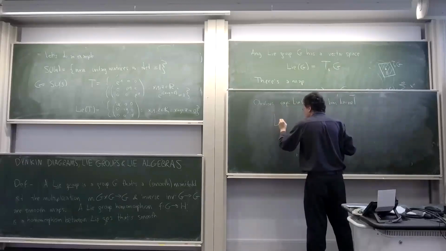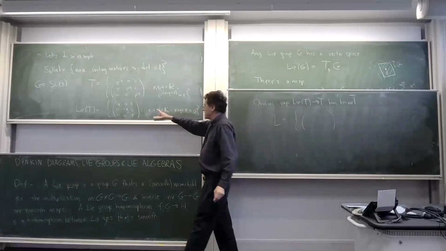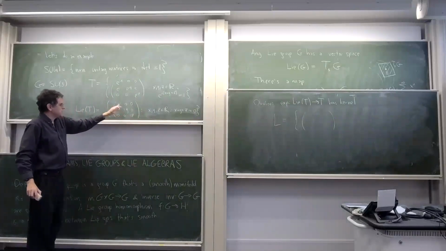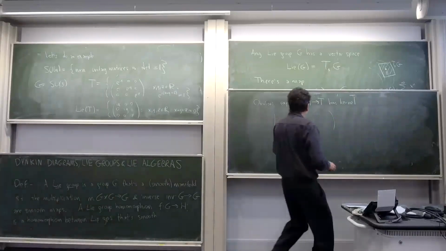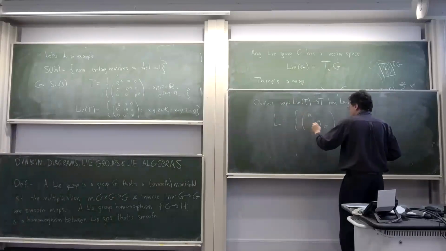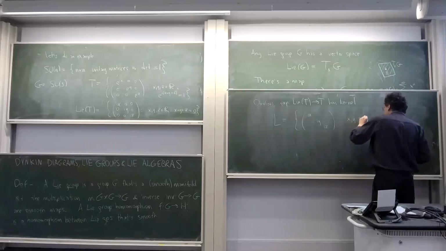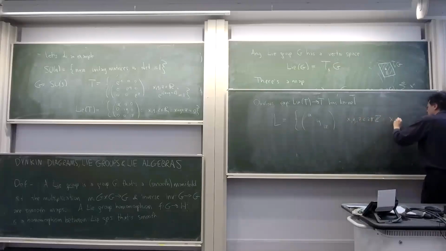So it's going to be guys like this that, when you exponentiate them, you get the identity matrix. That means that x, y, and z have all got to be 2 pi times an integer. So it's just ix, iy, iz with zeros off the diagonal, such that x, y, and z are 2 pi times integers, and they sum to 0.